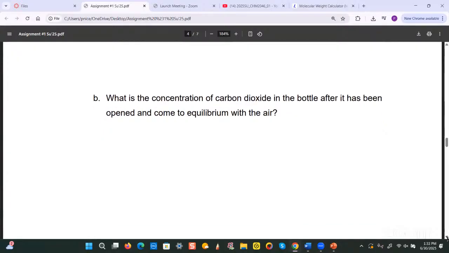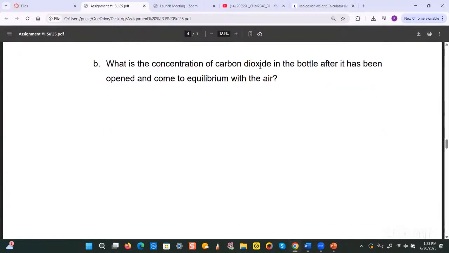The question is asking now, what is the concentration of carbon dioxide in the bottle after it has been opened and come to equilibrium with air? So how would you do this part? Let me turn on my pen.